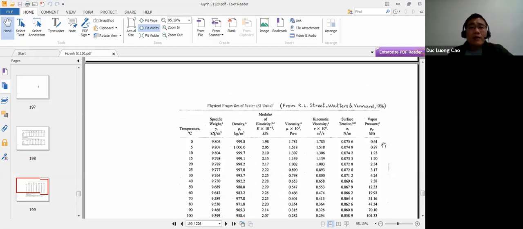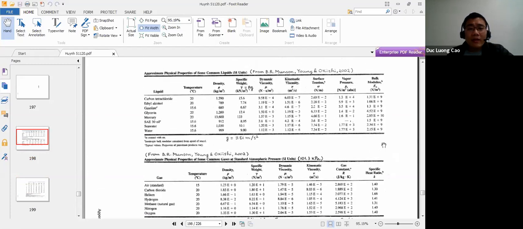The density of seawater is constant, 1030.